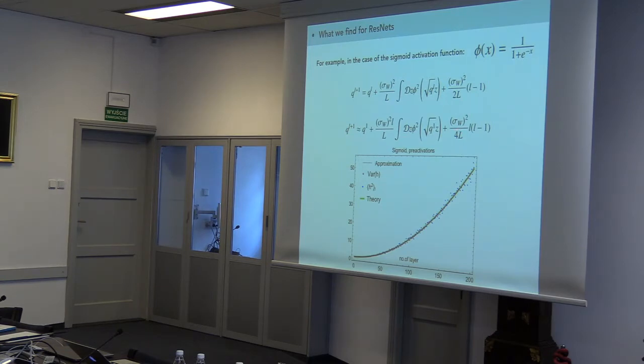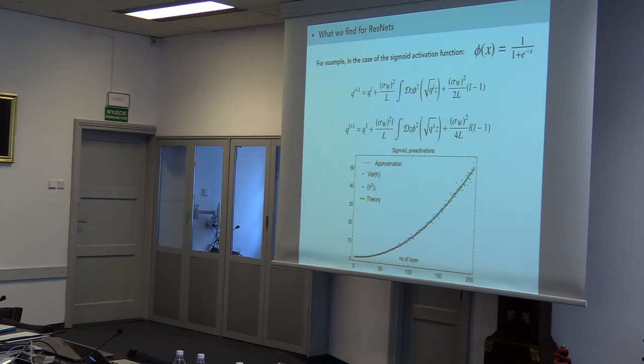You can see from this plot that this agrees with what you get if you actually send the information through the network, say a random input vector, and calculate explicitly the estimator of the variance of the pre-activations within the layers. And it's quite accurate. It's accurately describing the real data.